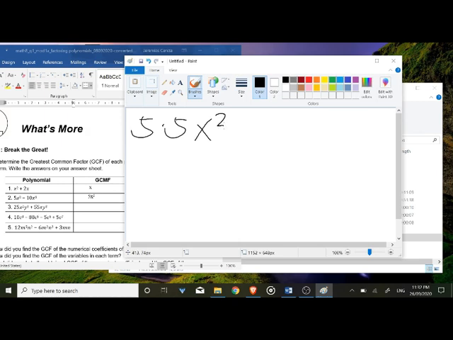So, dalawang x at tatlong y plus 55. May factor na kasi tayo sa first term na 5. So, we will try 55 divided by 5. That is 5 times 11.